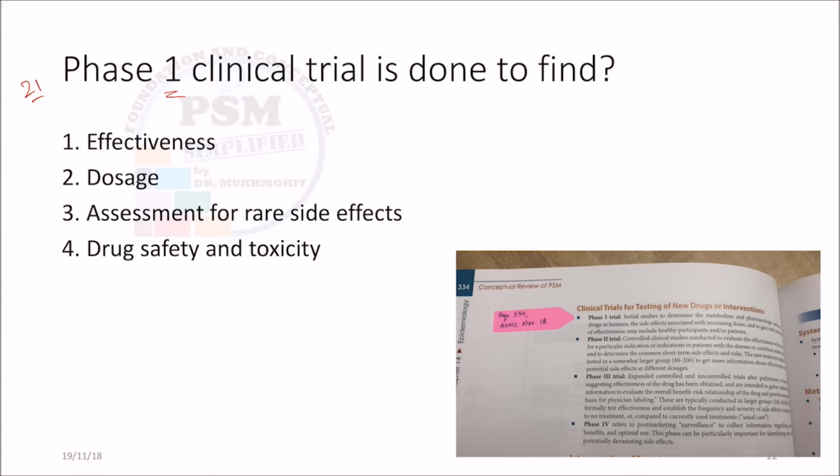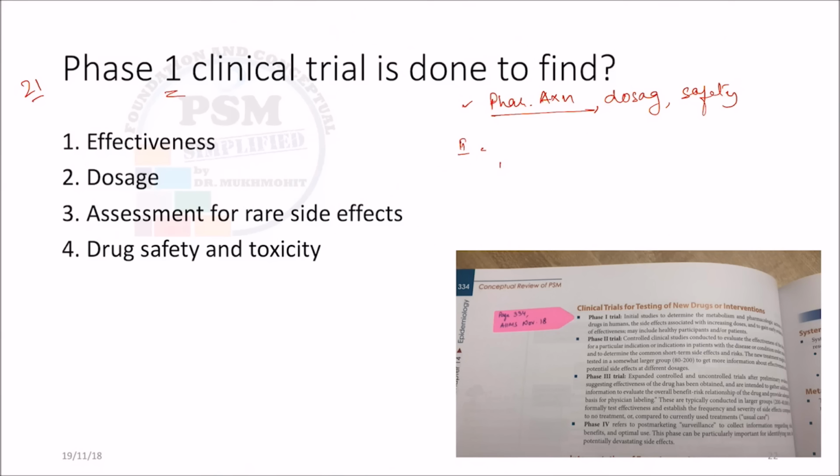But anyways, phase 1 is where you do it on a very small number of individuals, mainly to determine the pharmacological action of the drug, and to check its basic effectiveness, to find the dosage and safety and the toxicity. In phase 2, we shall do it on considerably around 100 to 200 individuals.